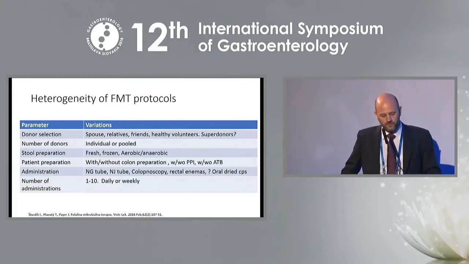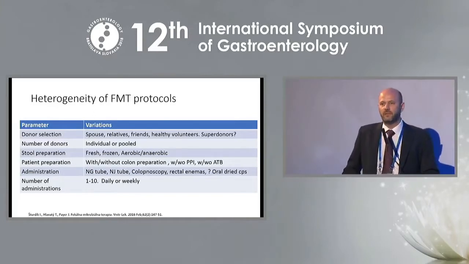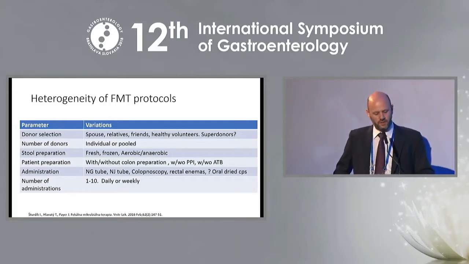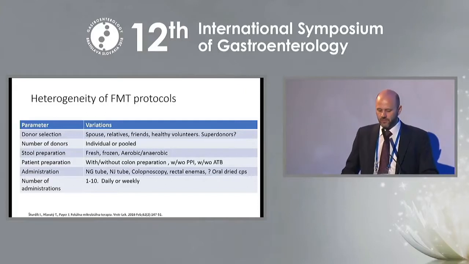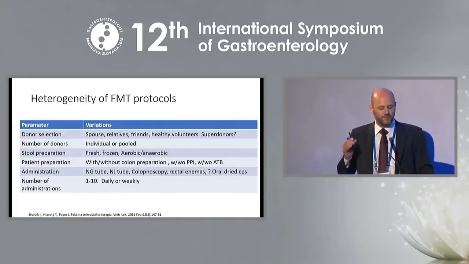And the stool preparation can be fresh, can be frozen, can be collected under aerobic and anaerobic conditions, so that there is no contact with the air. It's packed after the collection. The patient preparation varies. Some give colon preparation, some give PPIs, some give antibiotics, some not.